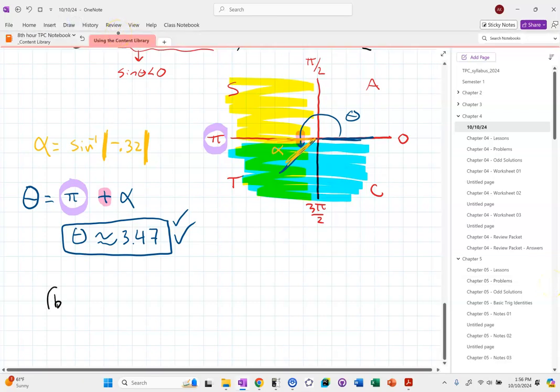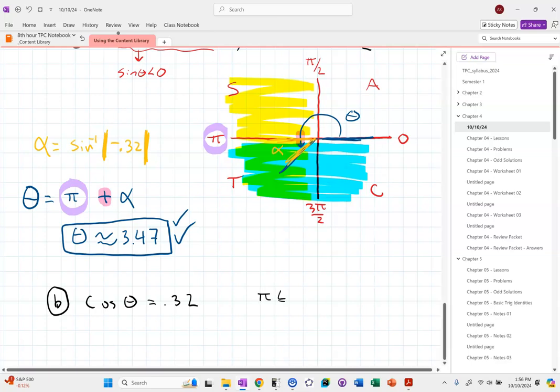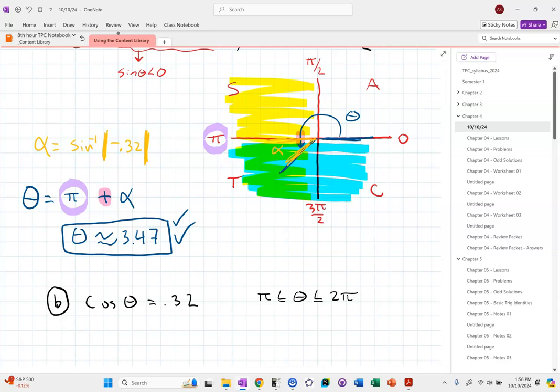I'm showing you this way of doing this because we can do it the exact same way every single time. I acknowledge there are some problems where it could be shorter to do this a different way. But if we do it this way, there's only one way to do it.